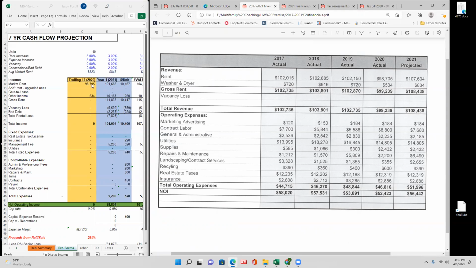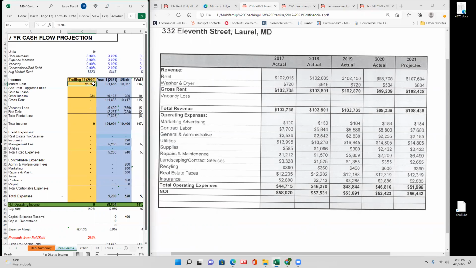Total revenue should be 99. So gross rent should be, so now I got to build out the formulas here.